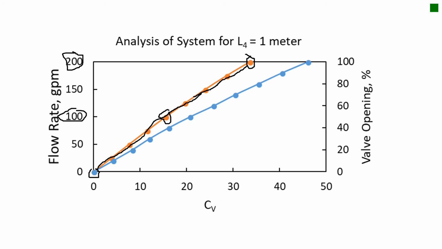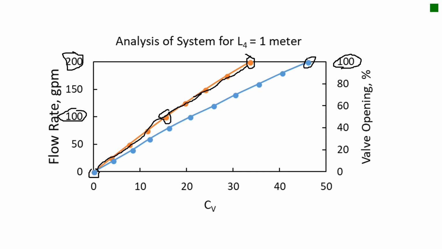On this plot, I also included the CV for that 2-inch valve with a 1.625 inch orifice, and I plotted its value of CV as a function of valve opening. At 100% valve opening, the CV for that valve is 46.